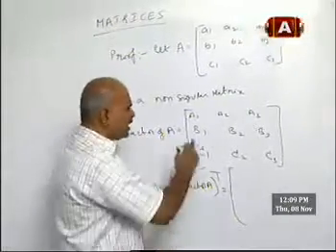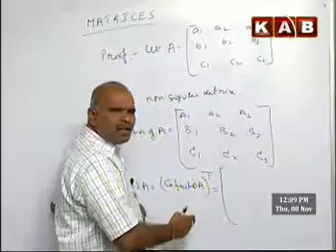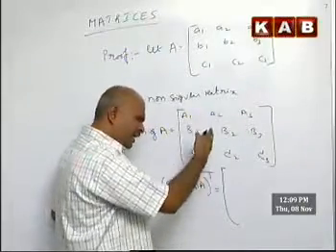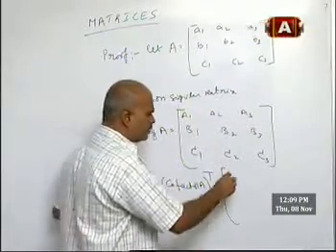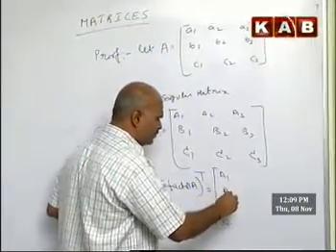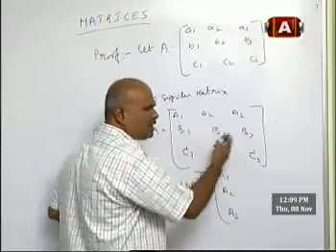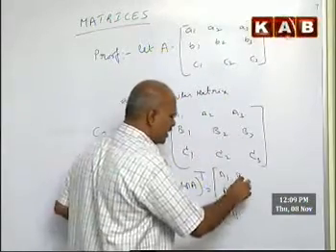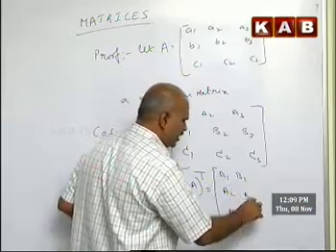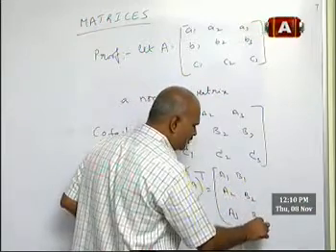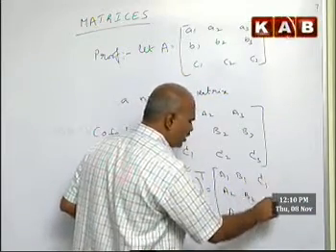Right. Here A1, A2, A3 is in the first row, so I write it in the first column. Again B1, B2, B3 in the second row, that I can write very clearly as the second column. Similarly, the third row becomes the third column.